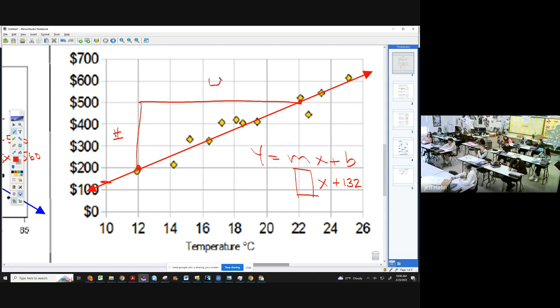Each one of these is 100, 100, 200, 300, over, these are each 2, 4, 6, 8, 10. So it is 300 over 10, and it's positive slope, so it's going to be 30. Y equals 30x plus 132 for your equation. Was that better? And again, there's no exact, you can only get close on this.